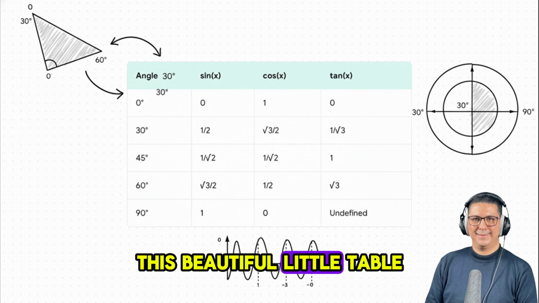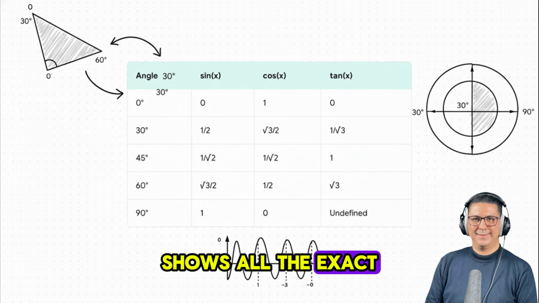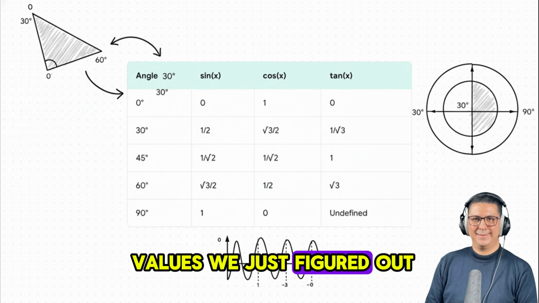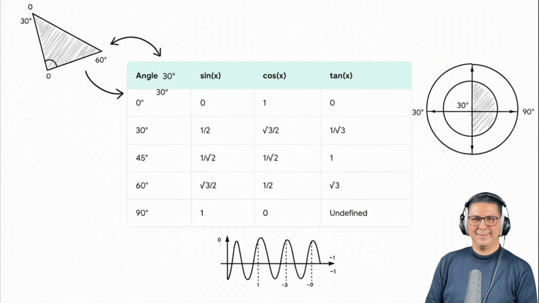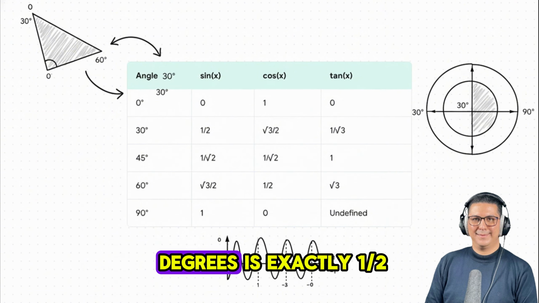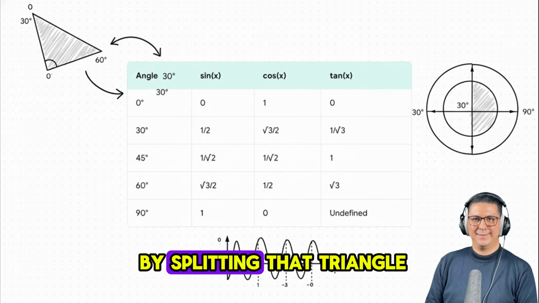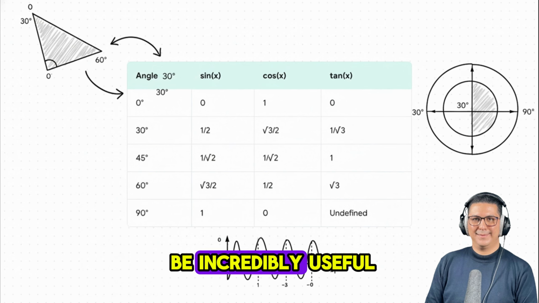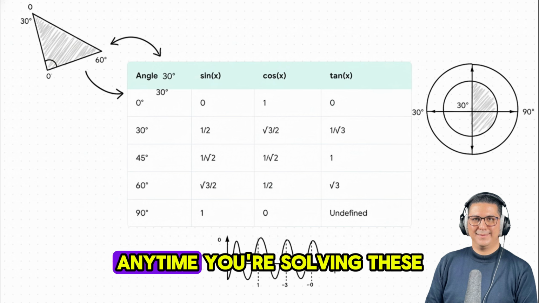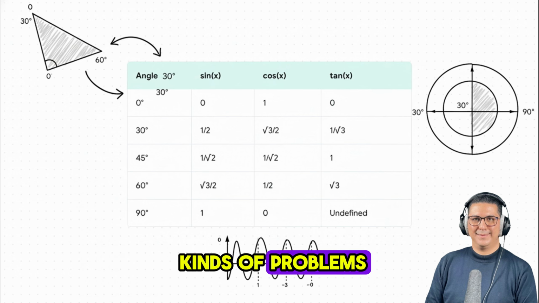This beautiful little table shows all the exact values we just figured out, plus the values for 0 and 90 degrees. See right there? The sine of 30 degrees is exactly 1/2, just like we found by splitting that triangle. This table is going to be incredibly useful anytime you're solving these kinds of problems.